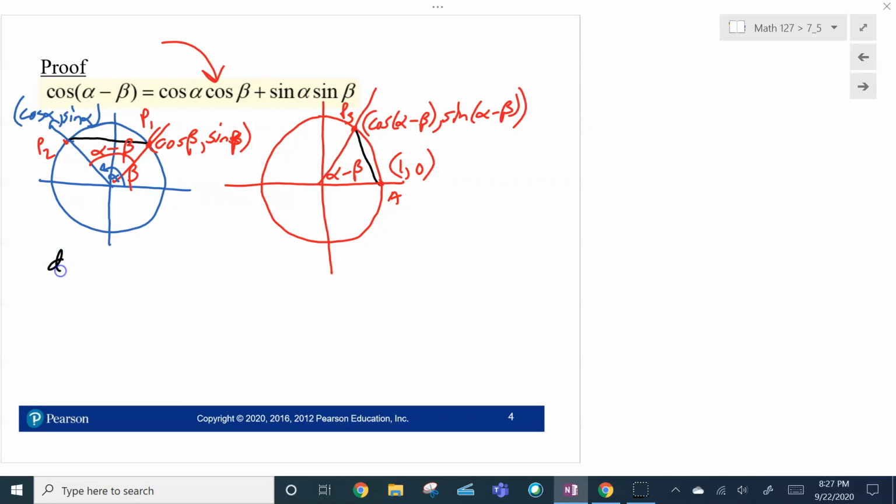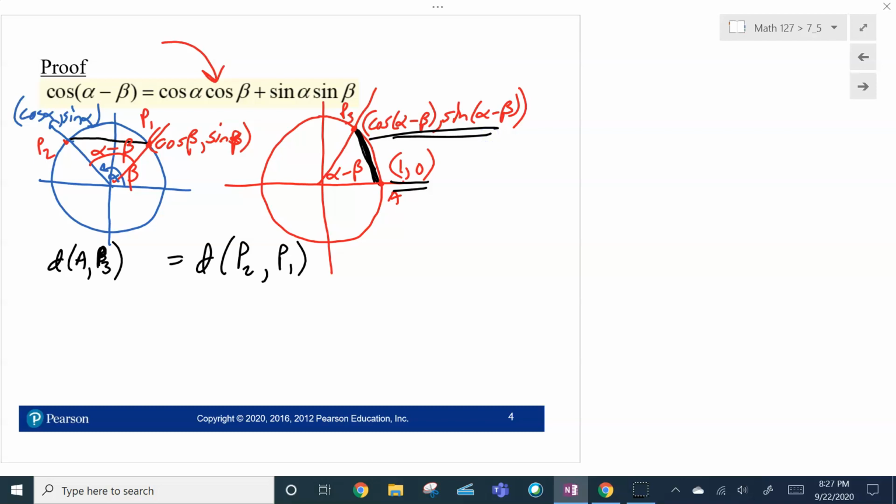So this distance right here, I'm going to set equal to the distance between point 2 and point 1. I'm going to use the distance formula: square root of x2 minus x1 quantity squared plus y2 minus y1 quantity squared, okay? So let's do it.